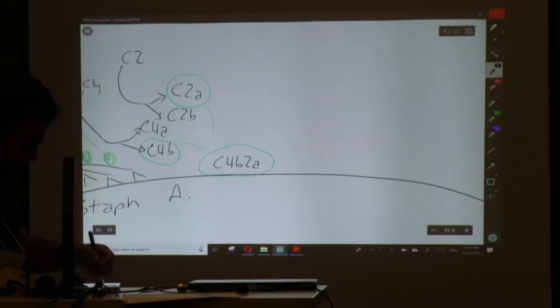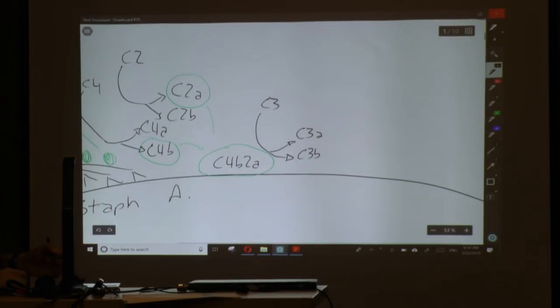And then this is going to cut C3 into C3a and b. Yes? And then what happened?